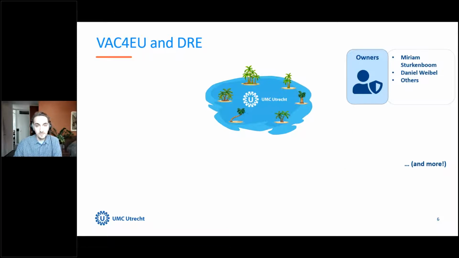So for Vec4EU, this means that at UMC Utrecht, we have, I think, 5 or 6 workspaces currently, and these are all separate projects, separate work packages that you're working on. In each of these workspaces, we have a couple of administrators, and this is mainly Miriam and Daniel, and also some others.